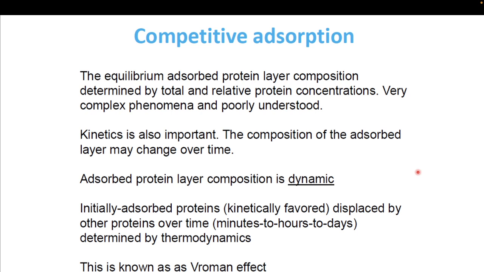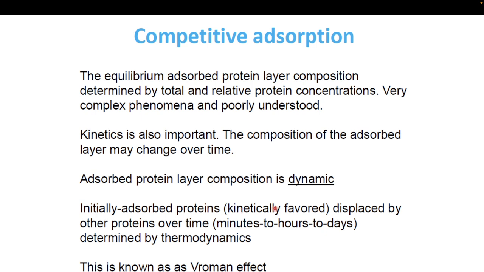First of all, when your biomaterial gets exposed to a number of proteins, initially the kinetically favored ones, meaning if there's a particular protein present in a very high concentration, naturally, since there are more molecules of these proteins, they can quickly come to the surface and take much of the space of this surface. So these are known as kinetically favored, initially absorbed proteins.